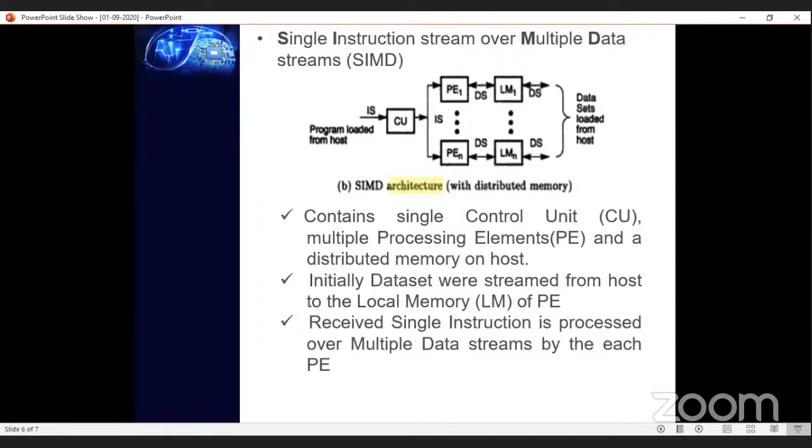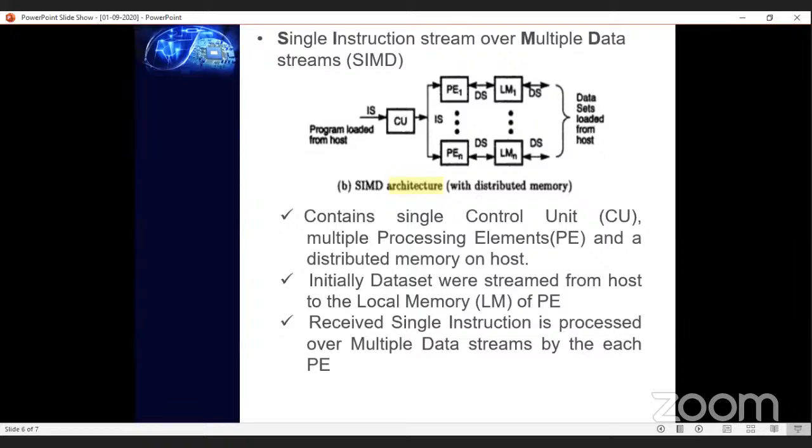So that's the concept. Again, I am repeating the process. Please listen. Under the SIMD architecture, there is a single control unit and a number of processing elements along with local memories. Under the same architecture, there is a distributed memory.